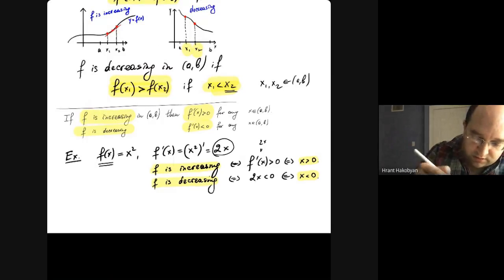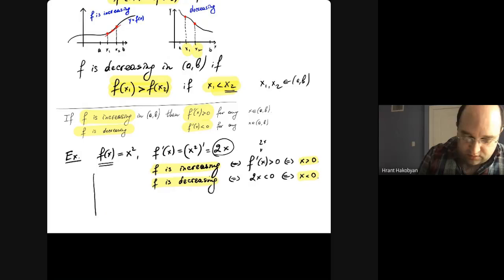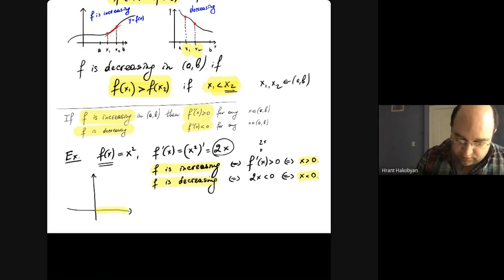So what does that mean? That means my graph of my function looks like this. For positive numbers x, the ones on the positive side, the function is increasing, so it looks like this. And for the negative ones, it's decreasing.